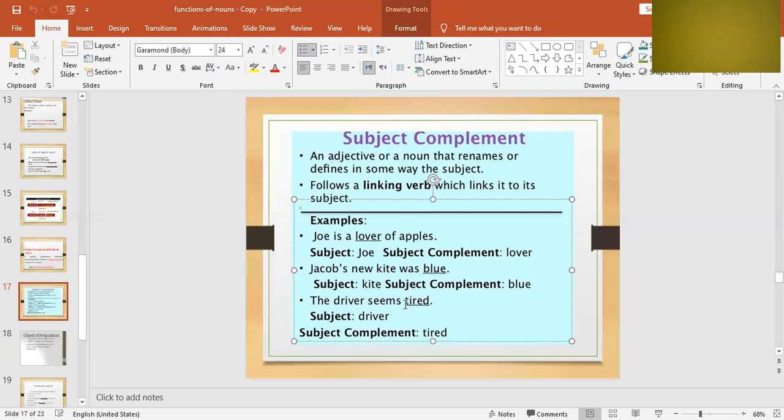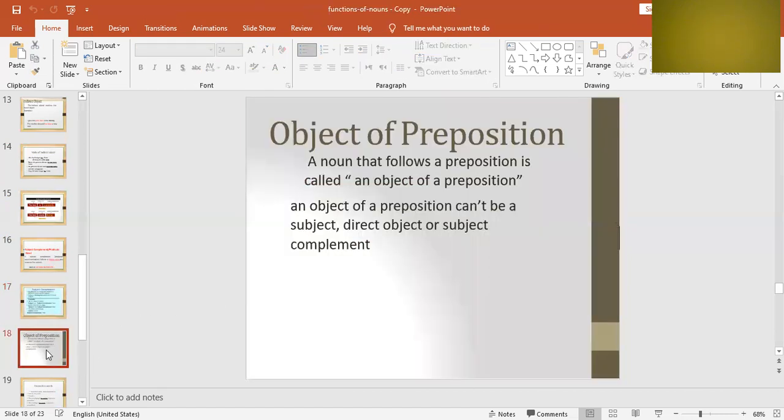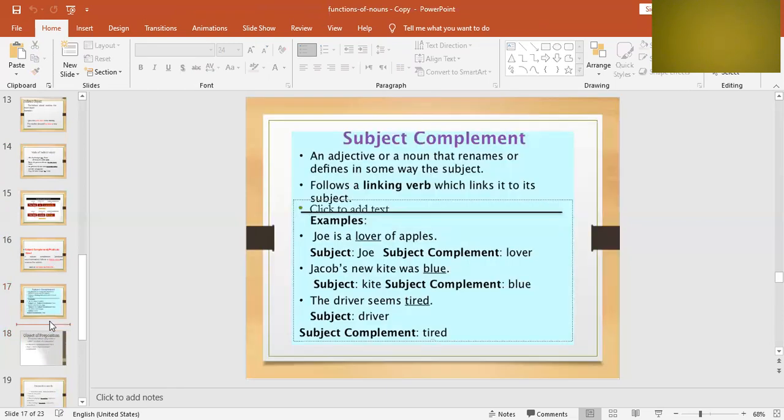Tired is an adjective which comes after "seems." The subject is the driver, and tired is the subject complement. Now, this is enough for this lecture. We'll continue later, inshallah.